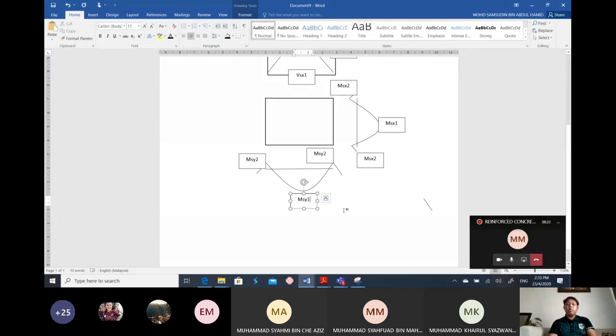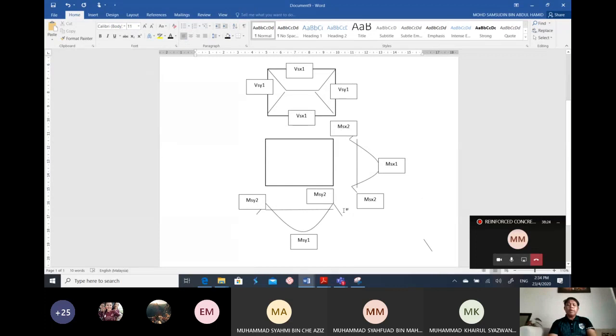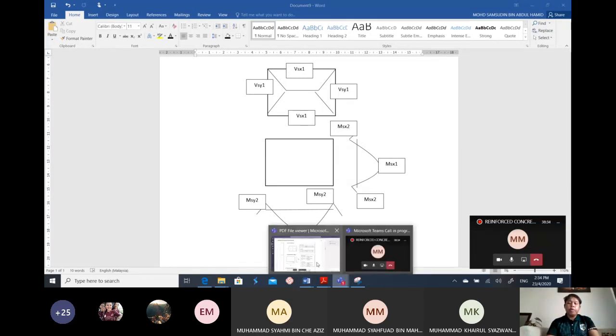So here will be your bending moment diagram. You may try for the other example lah. I hope that you understand how to draw this shear force and also bending moment.